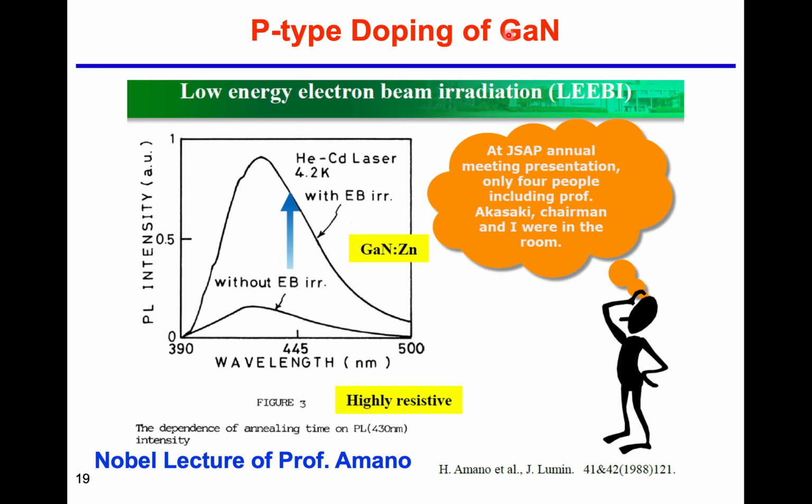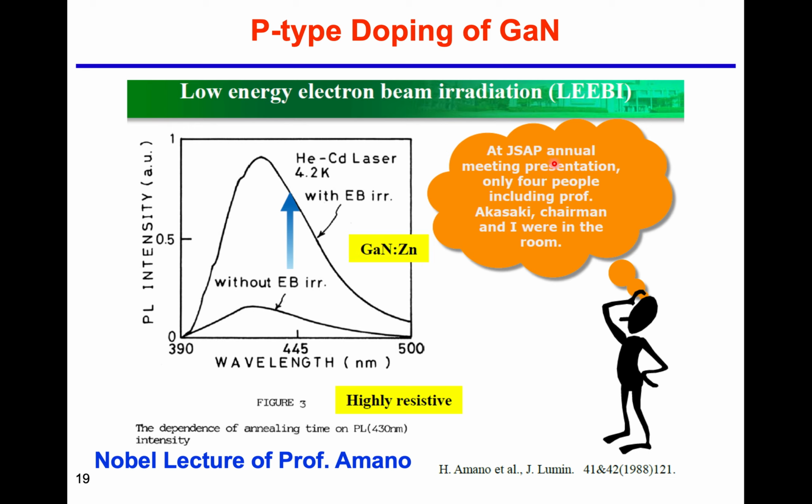The hole concentration is still very low. Zinc here. Okay, so this is also the Nobel lecture of Professor Amano. So they found that if you irradiate the electron beam on the p-type material, you can greatly increase the photoluminescence intensity, because you can activate the p-type material.